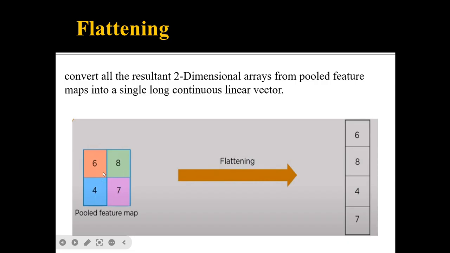Previously this is the max pooled feature map, that is 6 8 4 7. Here it has been flattened, and we'll get the flattened feature map like this: 6 8 4 7.